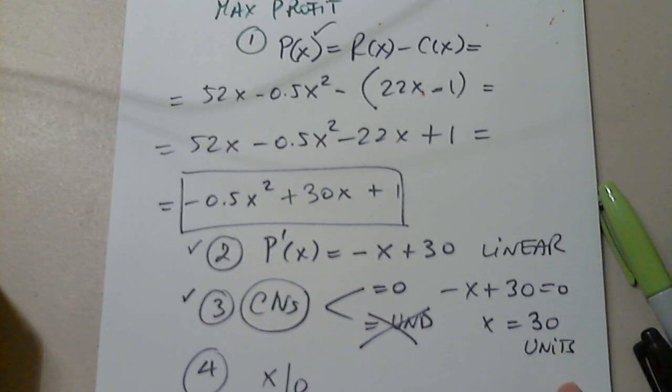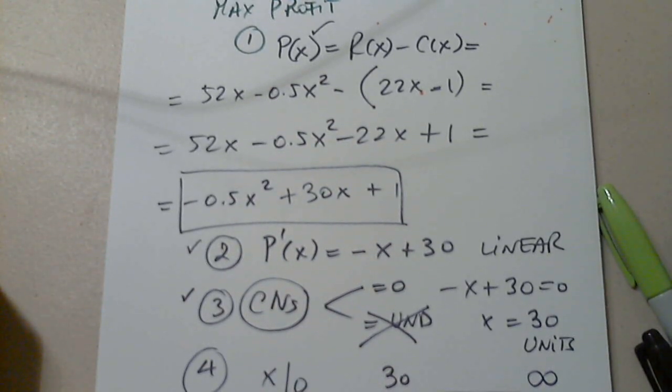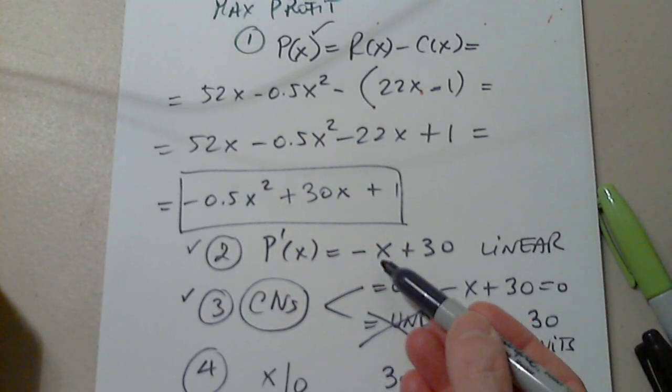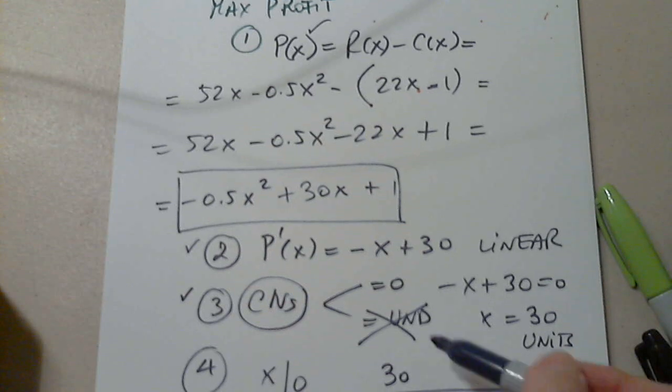I put 0 because the number of units cannot be negative. If you want to put infinity, it's not the case, of course, but I show that between 0 and 30 I have to study the sign of the derivative. So please plug in 0 here and tell me the sign of the derivative. Plug in 100 here and tell me the sign of the derivative.